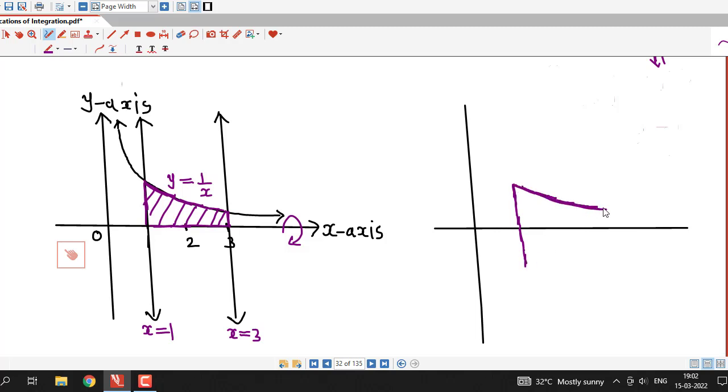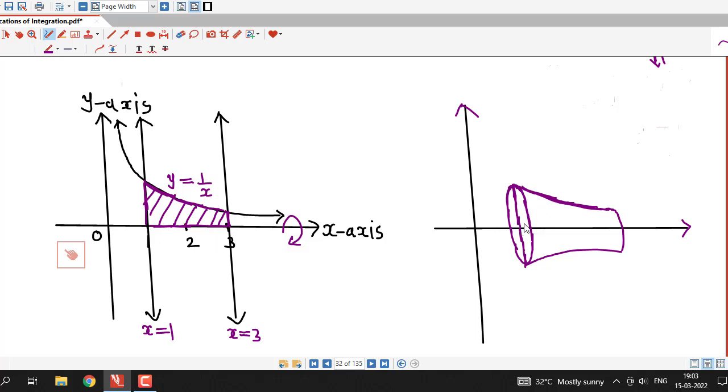We take the reflection of this graph, or mirror image of this graph, with respect to x-axis. So it may look like this, and then we join this. The solid of revolution will look like this. So this is the solid of revolution which we can obtain by rotating this plane region about x-axis.